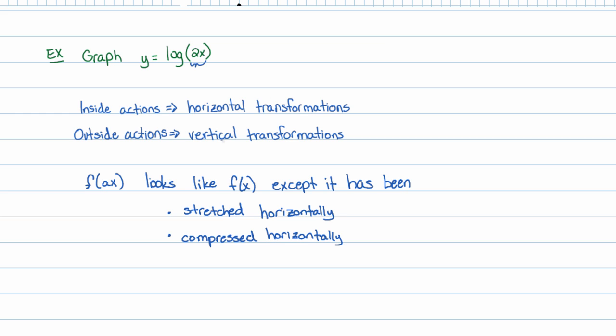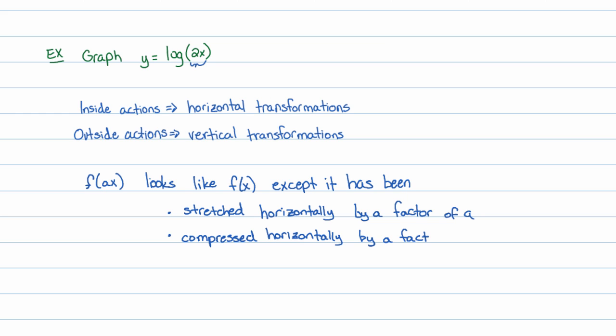Well, the factor will be a. So in either case, you could say the same thing. It's just that to determine which one we apply just depends on the value of a here.